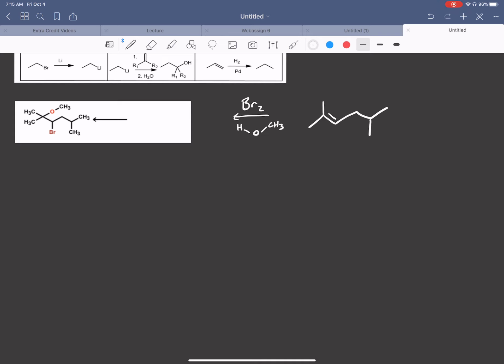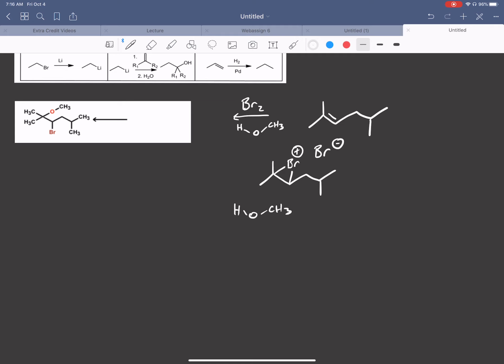Okay, and so if you remember, for this Br2 reactant, we end up with this sort of intermediate, right? Br, right? And now we also had a Br minus that we kick off because we had Br, right? And we have our HOCH3.